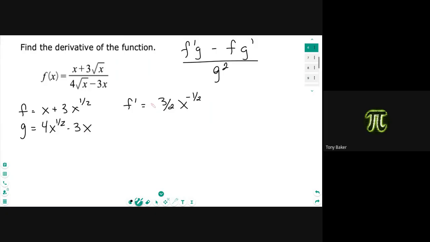Oh, you're right. There you go. So there's f prime and g prime.